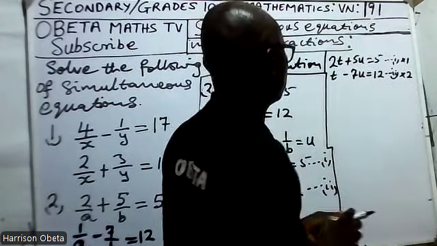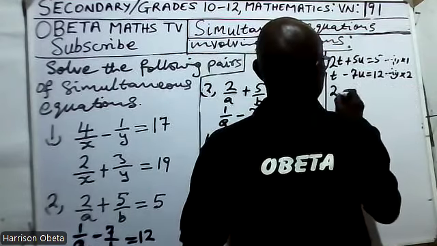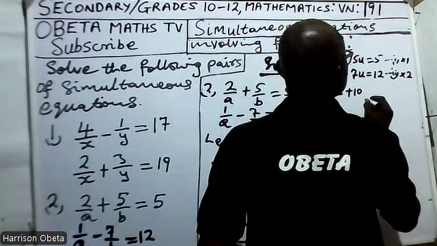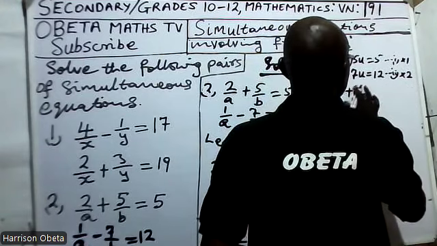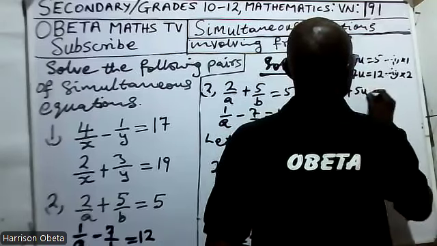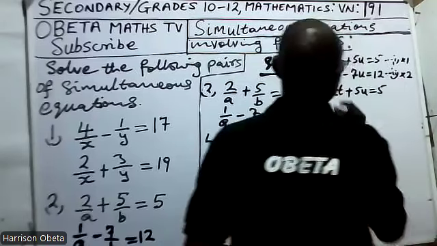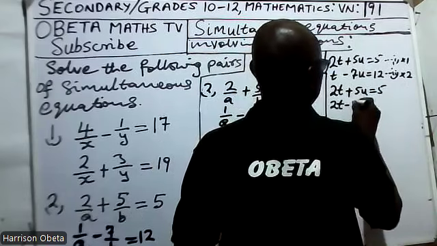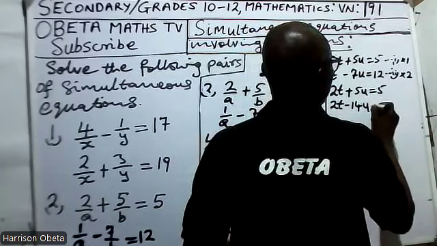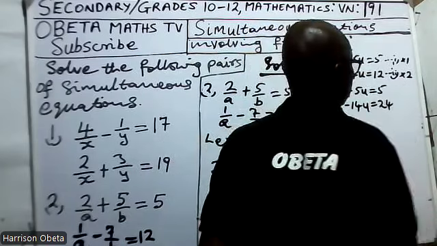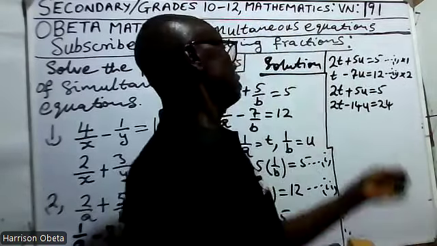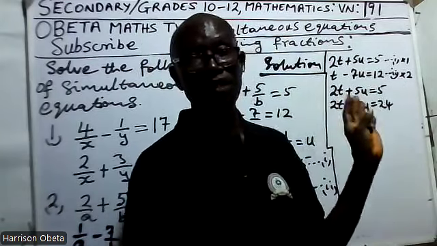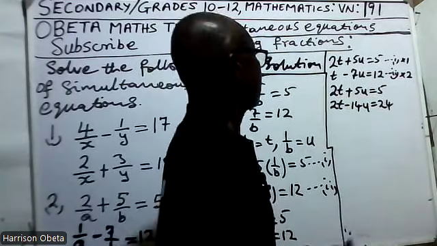And that will give us 2t plus 5u is equal to 5. Second one is 2t minus 14u is equal to 24. Please take note, you can either make this the same or this one the same. You can pick any of them. It will give you the same answer.